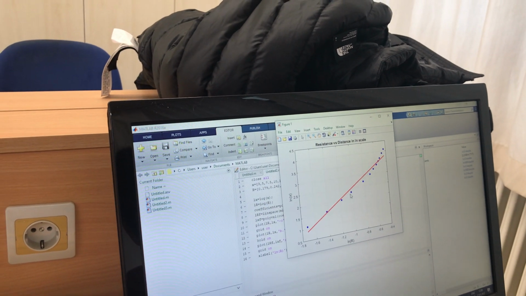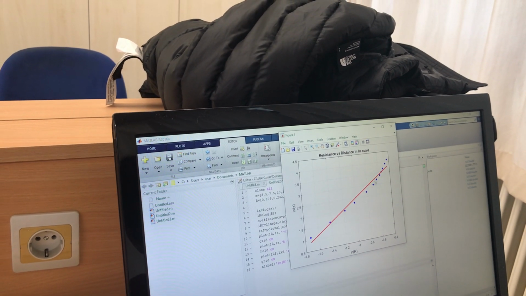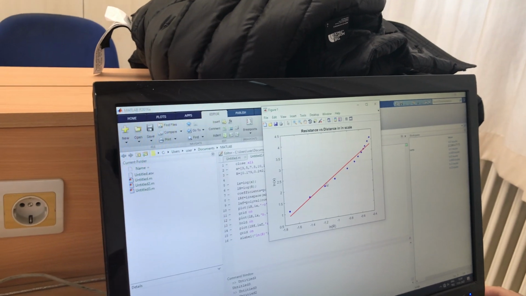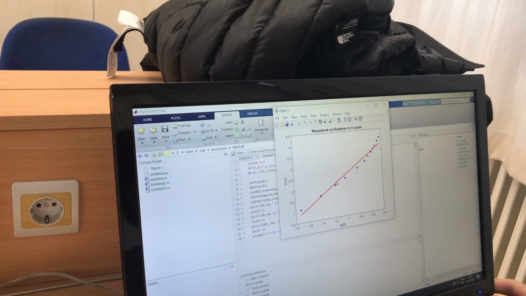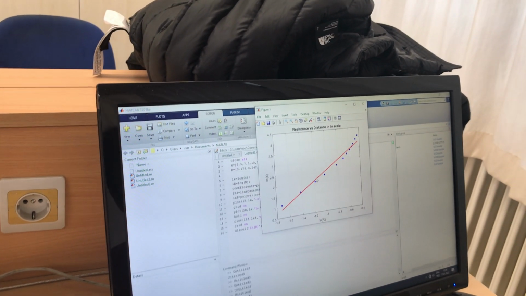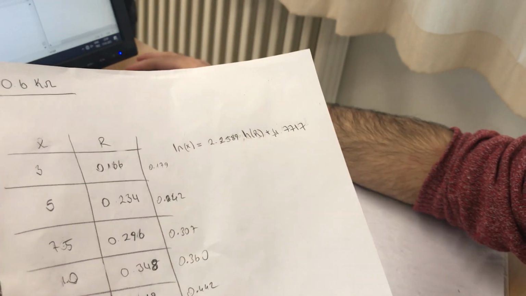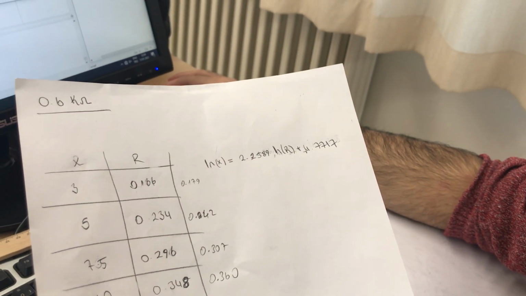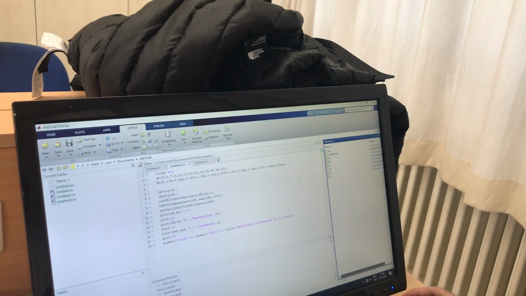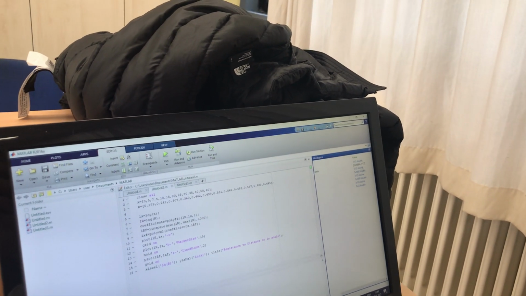The blue dots are my data, and the red line is the best linear fit for it. By using this red line's equation, I got something like this. I use the polyfit function, and the polyfit function's values, let me show it like this.